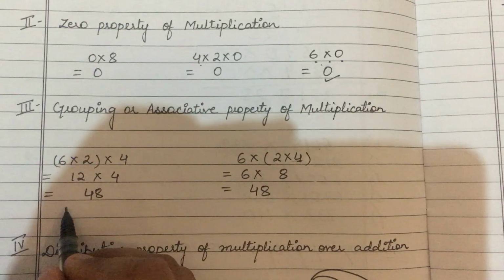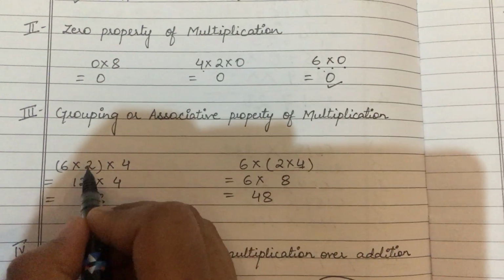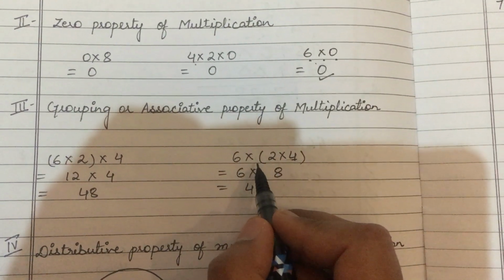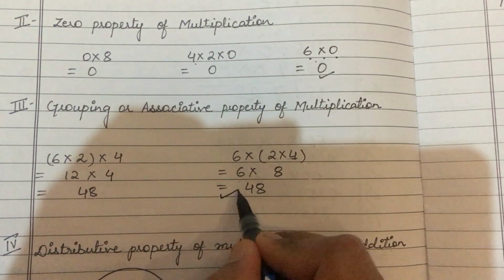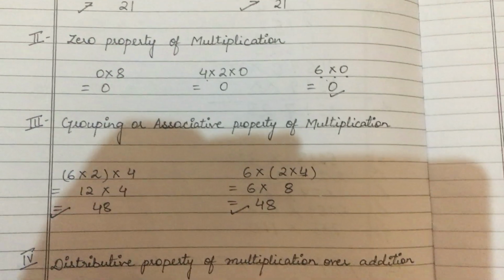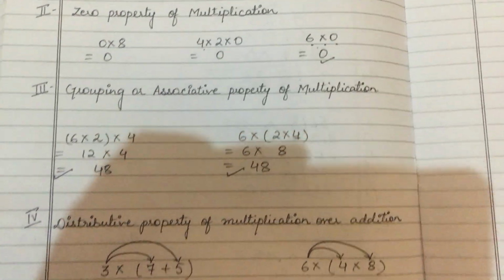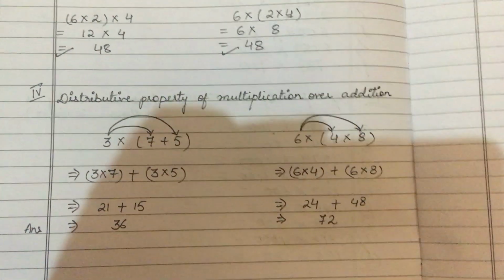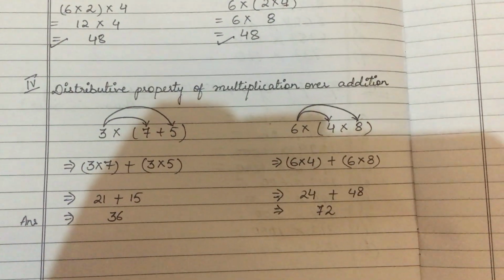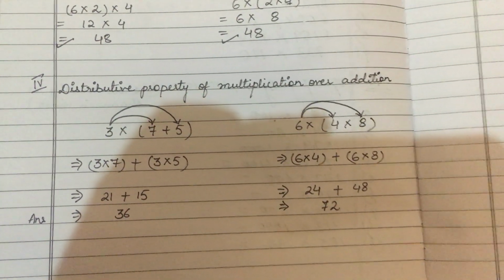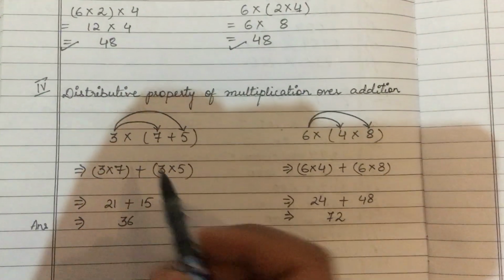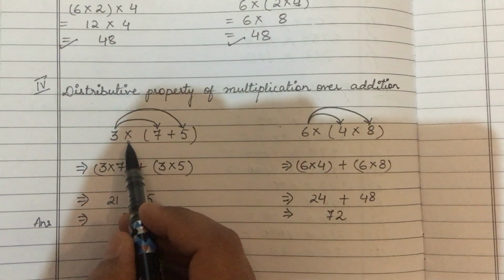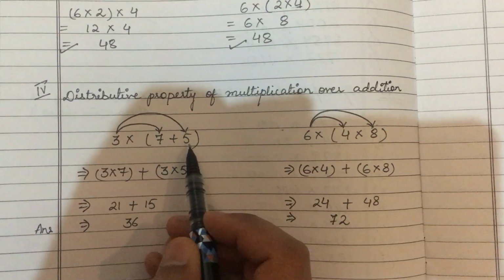So children, did you see that when we change the grouping, the product remains the same? Okay, let's start with the distributive property of multiplication over addition. Now the question is 3 multiplied by 7 plus 5.